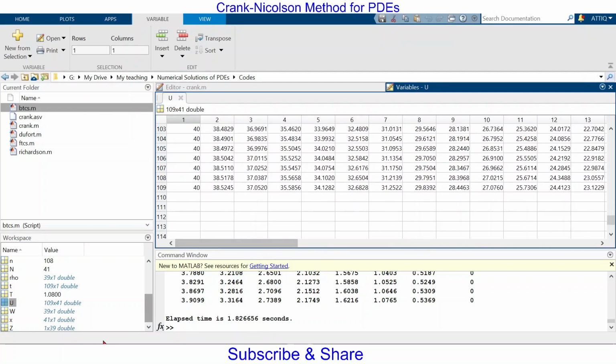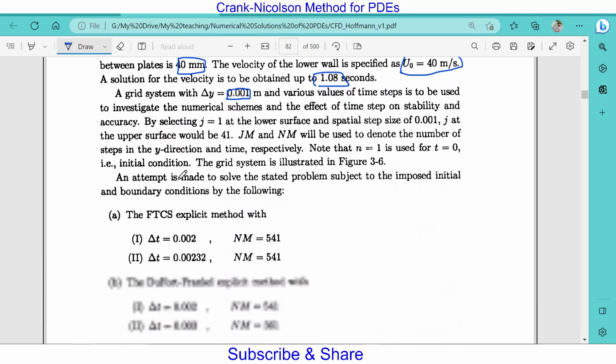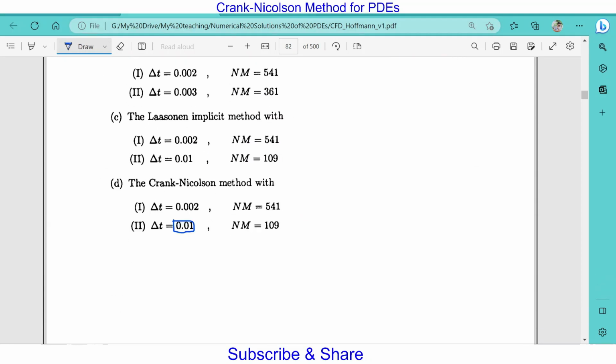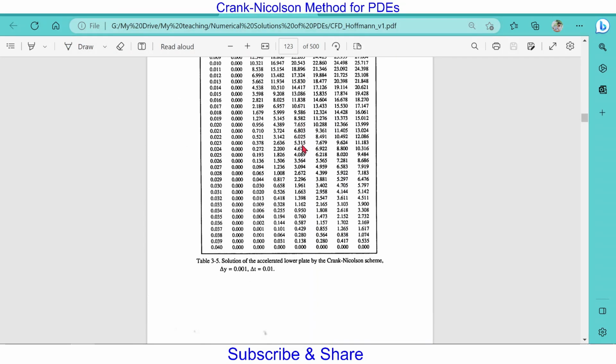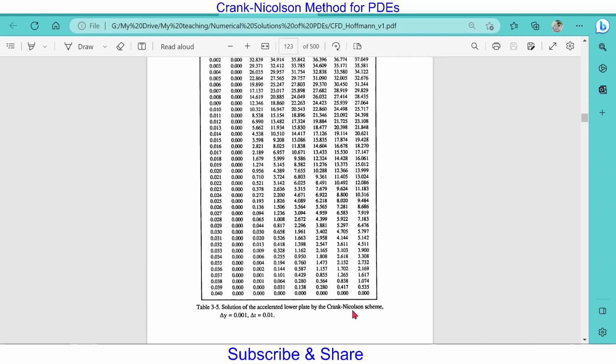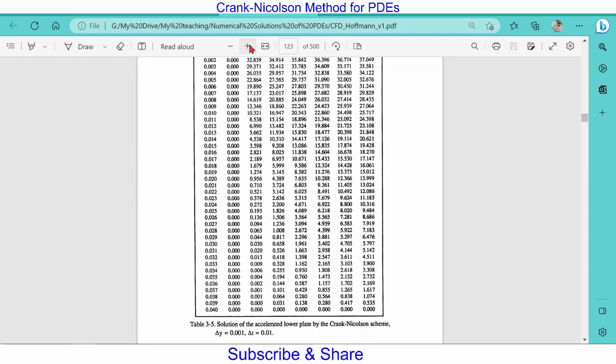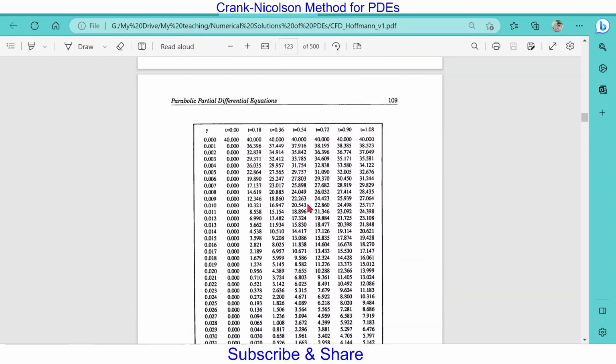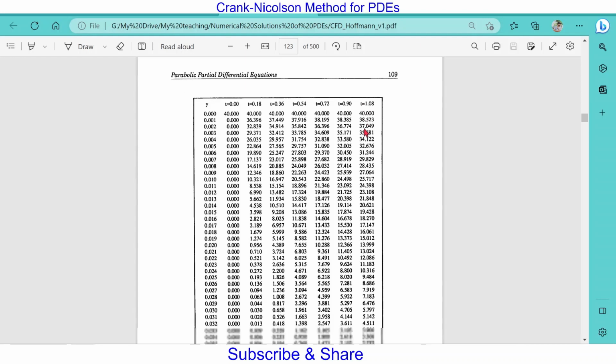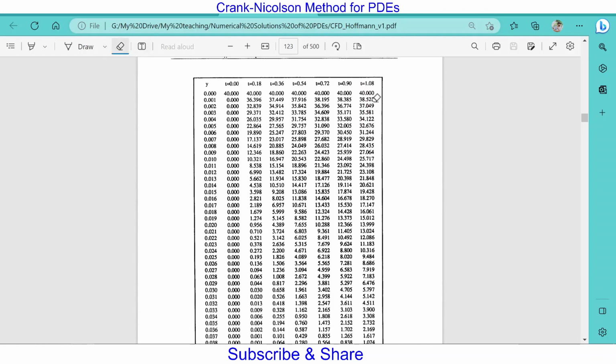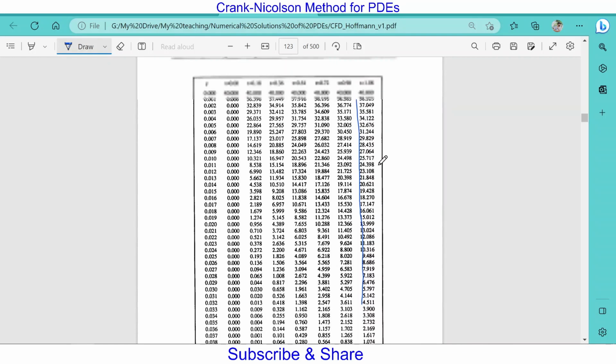So let's see what Hoffman says. He actually gave us the results using this, and the results are presented in this table. You can observe Crank Nicolson using these initials, and he just gave the values at some time steps, where the last column are the values at the last time step, which in our case will be the last row.